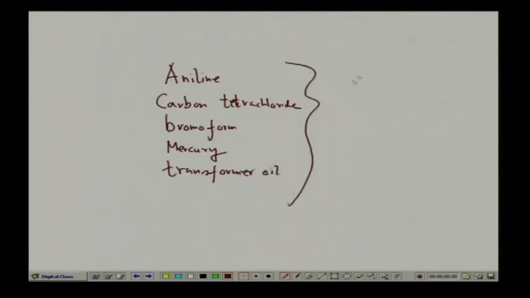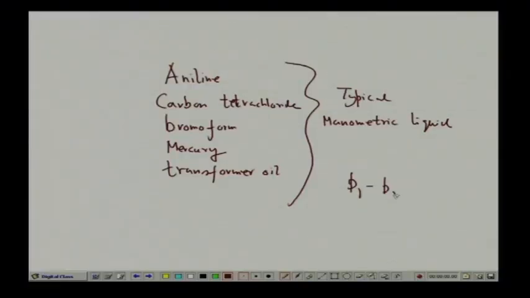These are all typical manometric liquids, right.